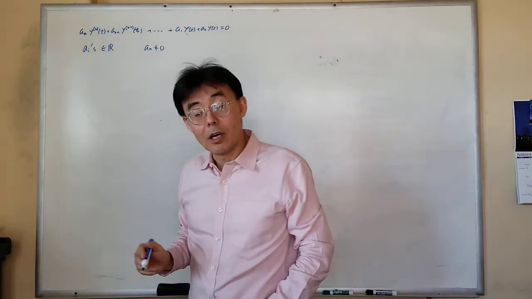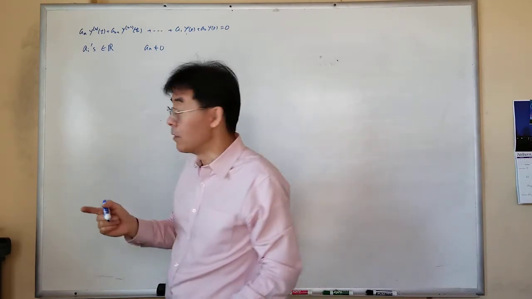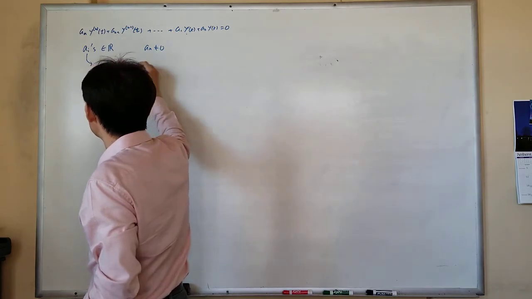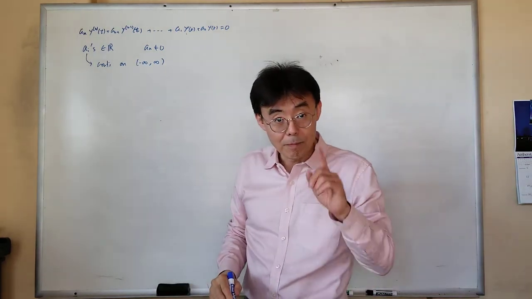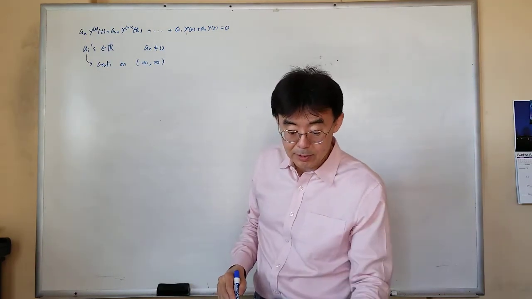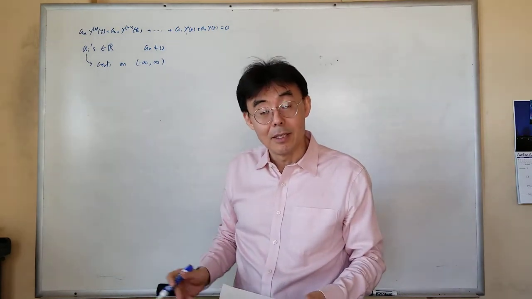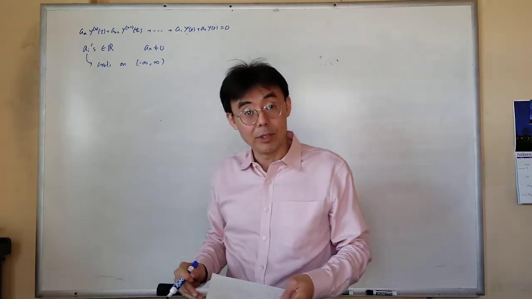Constant functions are obviously continuous on the whole real line. So by that existence and uniqueness theorem, we know that there must be a solution, which is defined on the whole real line.